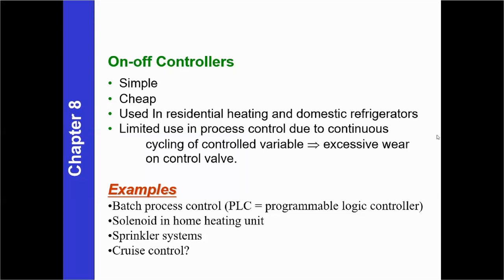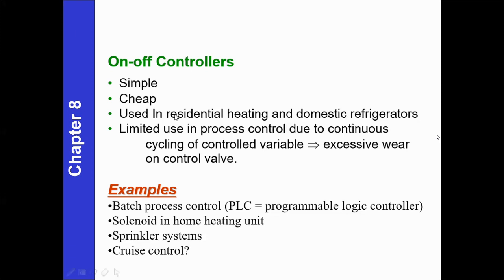For on-off controllers, they have limited use in process control due to continuous cycling of control variables. An on-off controller normally will lead to excessive wear on the control valve because the process is continuous.